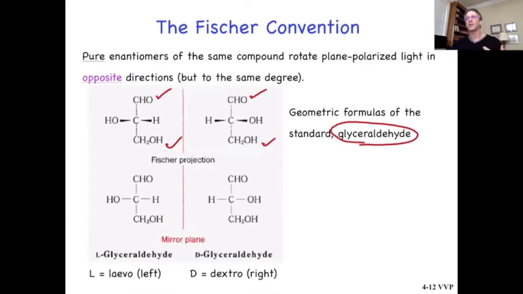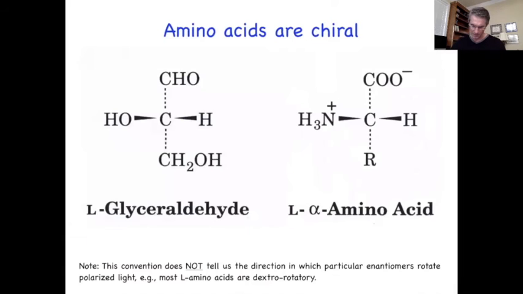The same nomenclature has been applied to the amino acids. But here's the wrinkle. It's applied with reference to the structure of glyceraldehyde, not to the plane of polarization. So if you look here again is glyceraldehyde, there's that aldehyde group. If we put the most oxidized carbon in the same position as that aldehyde in glyceraldehyde, for an alpha amino acid that'd be the carboxylate group, and then we position the alpha amino group in the same position as the alcohol group, we get what is an L amino acid, because the structure essentially mimics it.